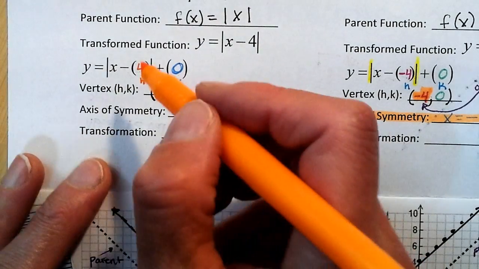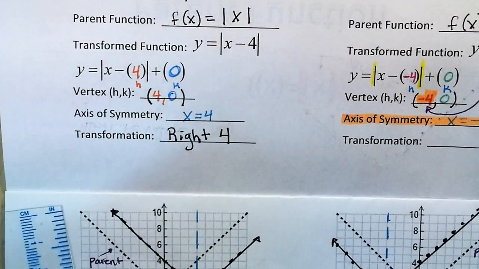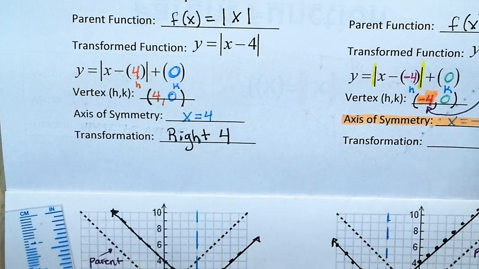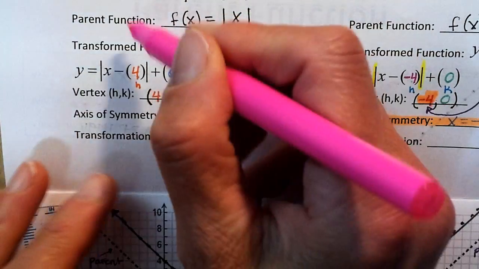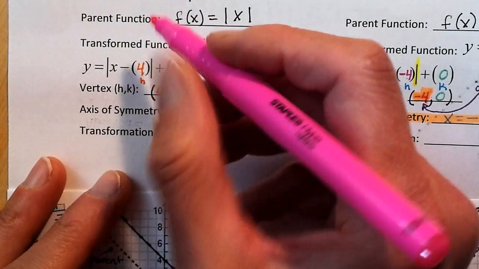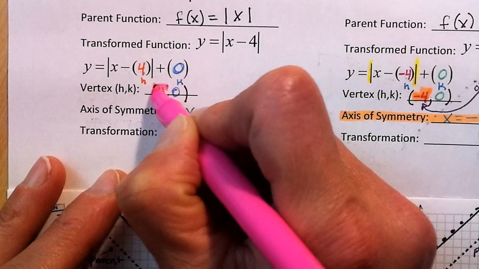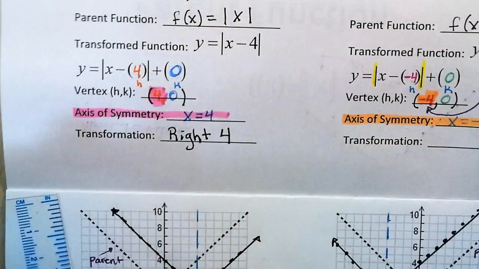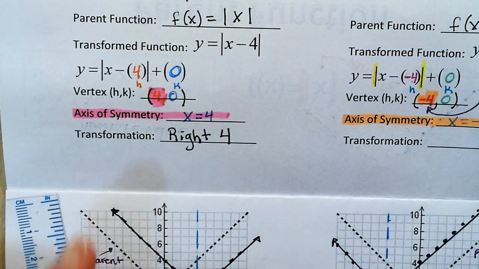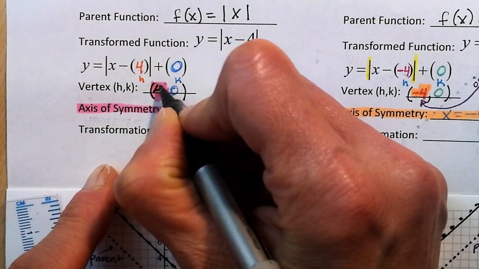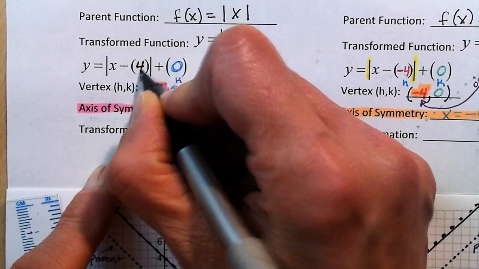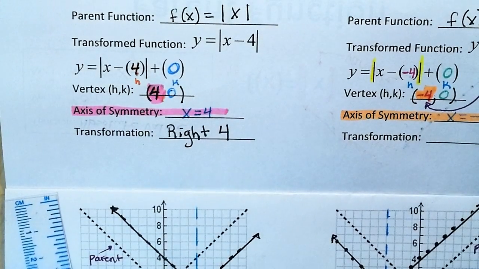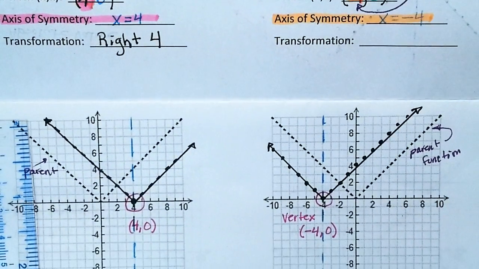That happened on the other side too. The x value of my vertex is the same as my axis of symmetry. I'm going to rewrite this so we can see. This was 4 and this was 4. So that gives you that information.